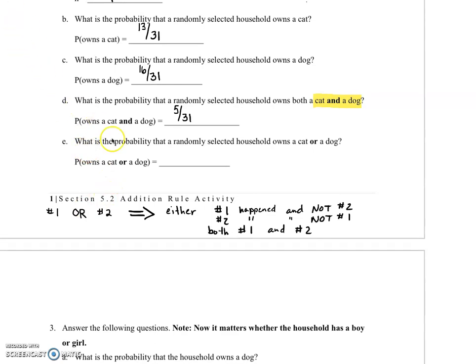So if we go here and we need to find the probability that a randomly selected household owns a cat or a dog, we need to count all the cat households and all the dog households without counting anything twice. And remember, the things we're in danger of counting twice are those things in that yellow section where the family owns both a cat and a dog.